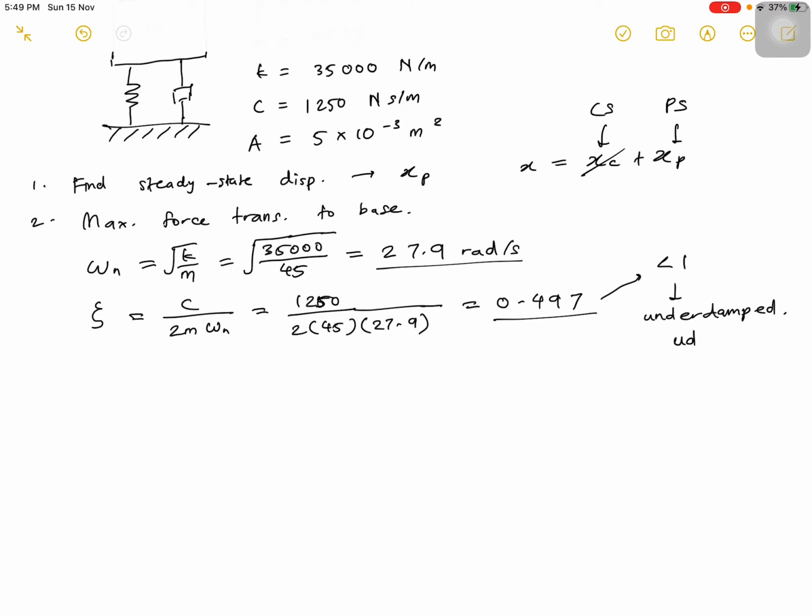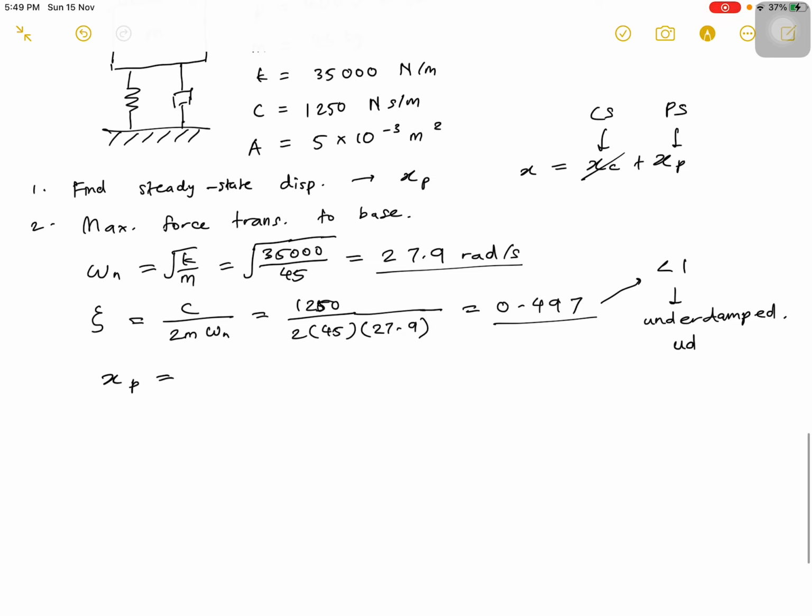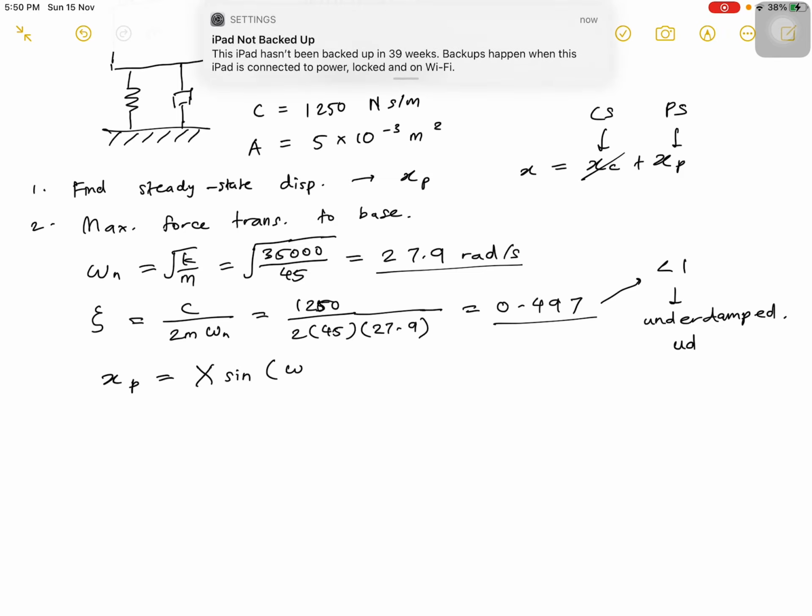Okay. So the particular solution xp is equal to x. This is the formula for underdamped. Sometimes I use C, sometimes I use X. X is the constant that we need to find.